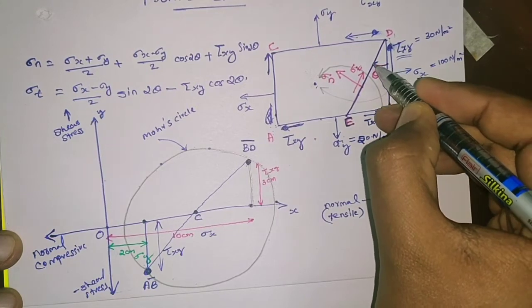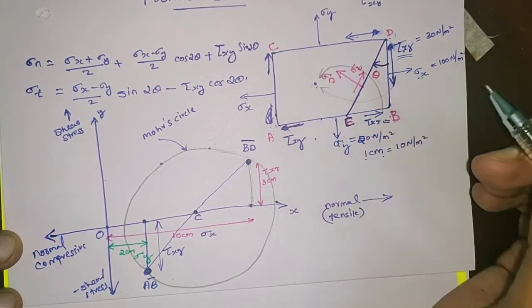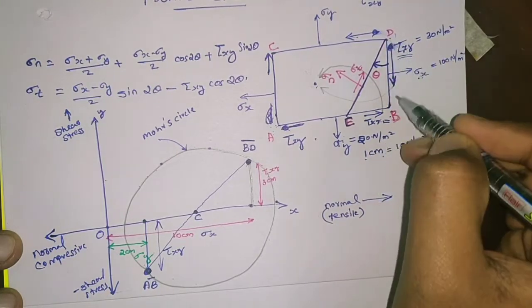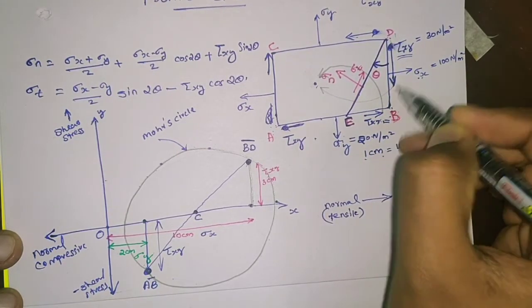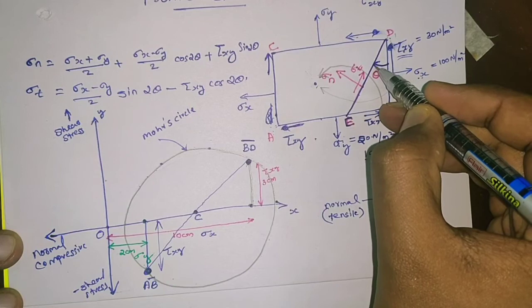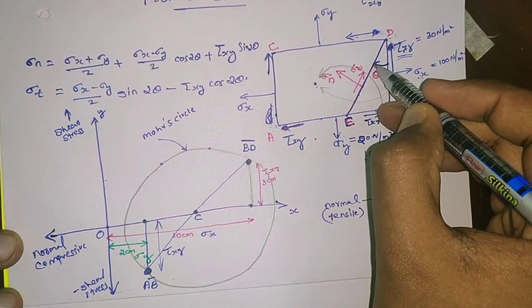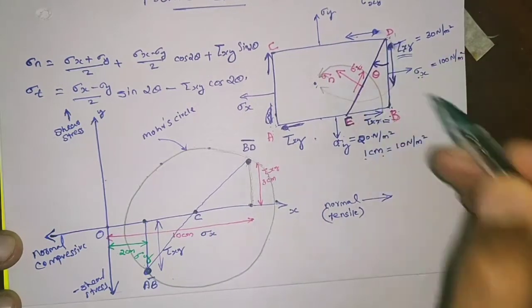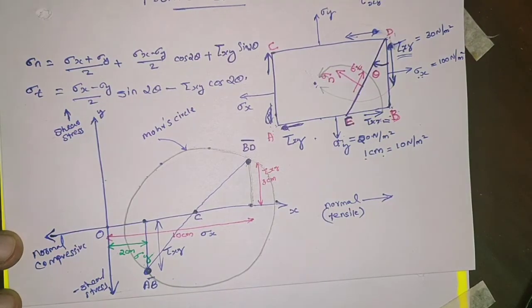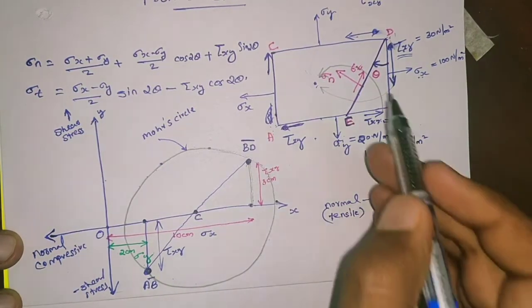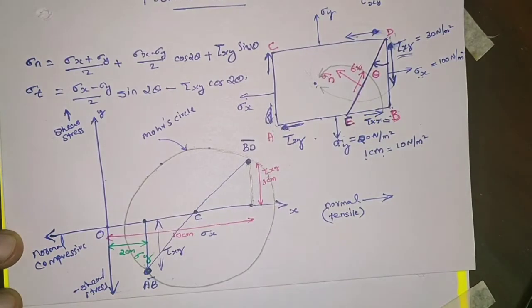This is the clockwise direction, right? By the rotation of BD plane by an angle theta in clockwise direction, we got this DE plane. Similar concept can be applied here.